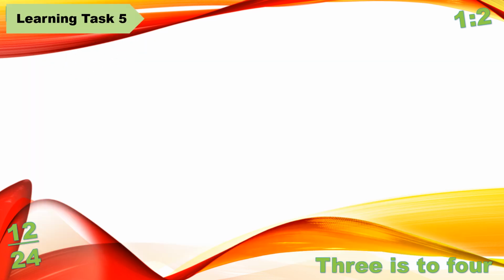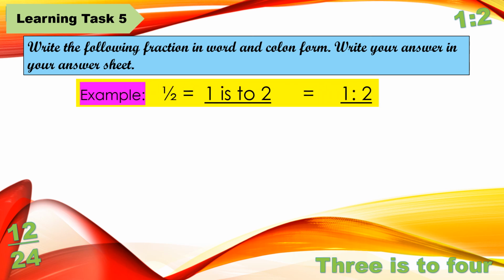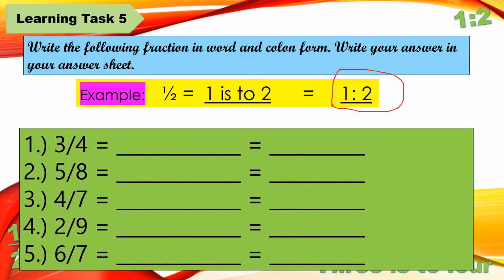Learning task number 5. Write the following fractions in word and colon form. Write your answer in your answer sheet. Okay, so example, 1/2 equals 1:2. Don't forget the colon. Okay, so number 1, 3/4. Number 2, 5/8. Number 3, 4/7.